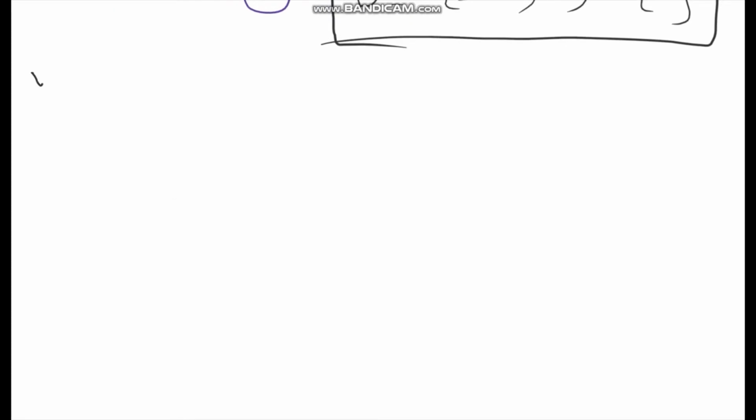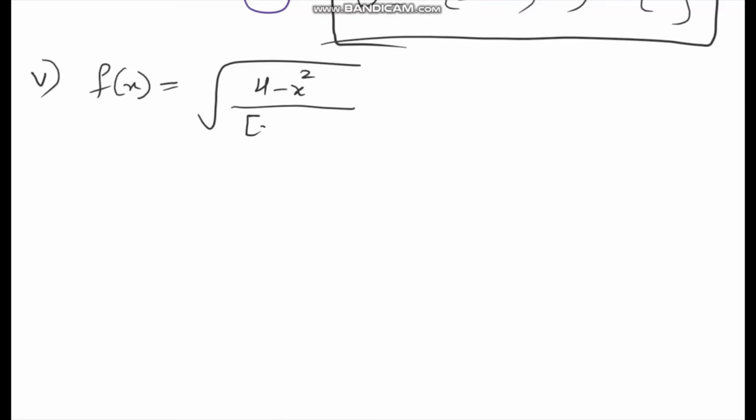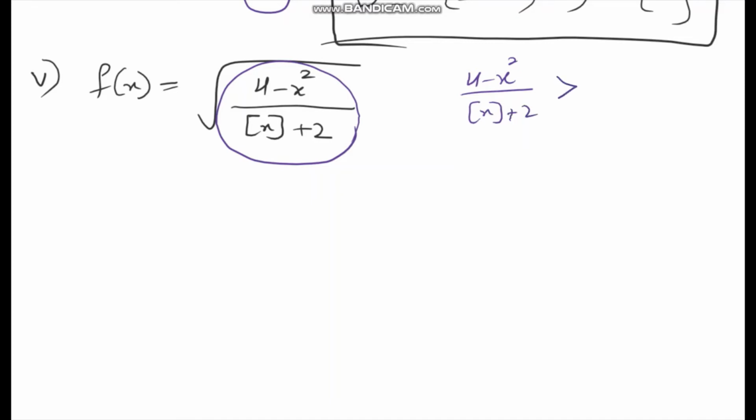Next is the fifth one. f of x equals square root of 4 minus x square by step x plus 2. For this function to be defined, this total part should always be positive. 4 minus x square by step x plus 2 should be positive or equal to 0.